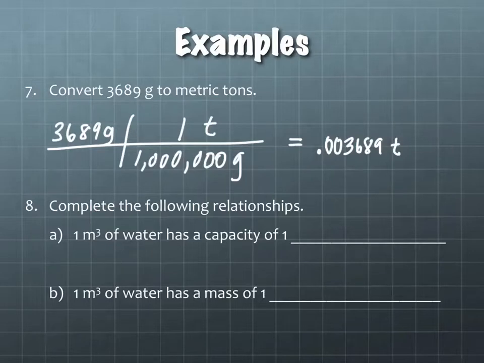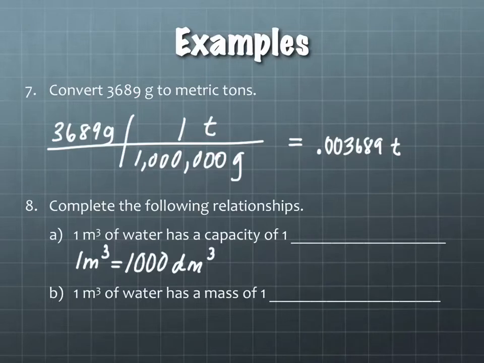So we're going to complete the following relationships. 1 cubic meter of water has a capacity of 1 what? So let me walk you through how this works. We know we've got a cubic meter, and our cubic meter would be 1,000 decimeters.